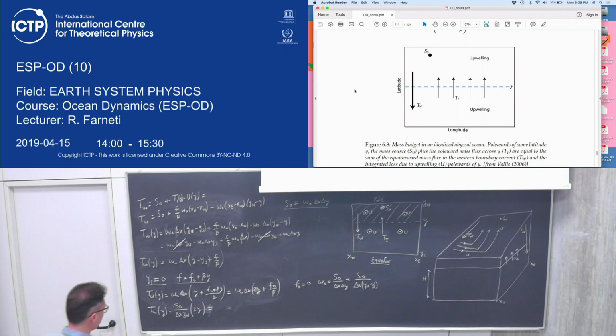Oh, because the delta x is there. So this is S naught times 2y over y north. Okay? So that's the western transport as a function of y.